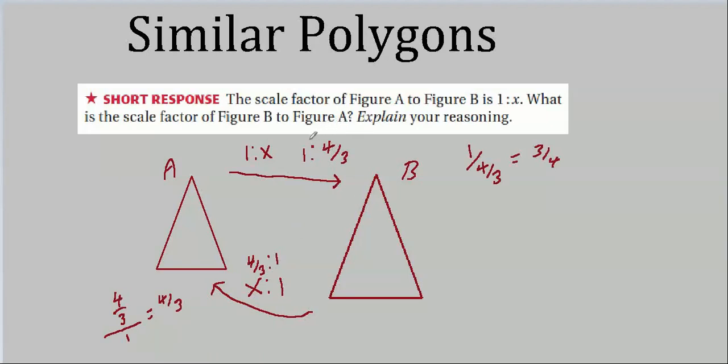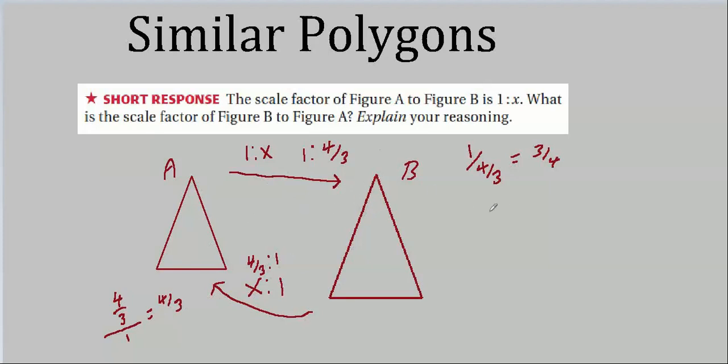For instance, this is 1 to 4/3. Yeah, that's the same as 3/4, really. 1 over 4/3. So this is 3/4 of this one. Or going the other way, it's 4/3 to 1, which is 4/3 over 1. So you could say this is 4/3 of this one, or this is 3/4 of this one. So as you go the other way, you just take the reciprocal.